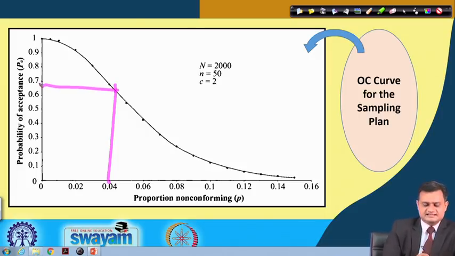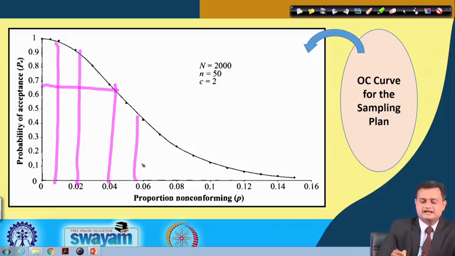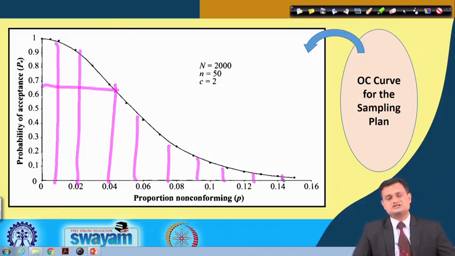You can very well see that when I have a lower percentage of non-conforming proportion, my probability of acceptance is high. Gradually my probability of acceptance is reducing, which is obviously a desired feature of my operating characteristic curve.